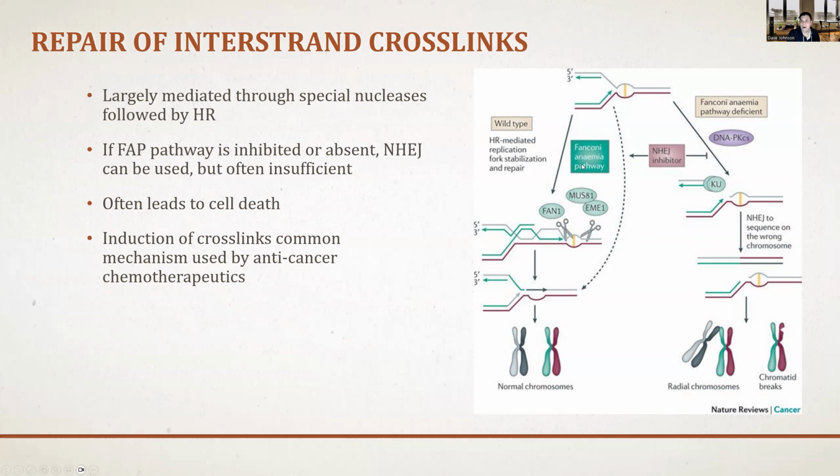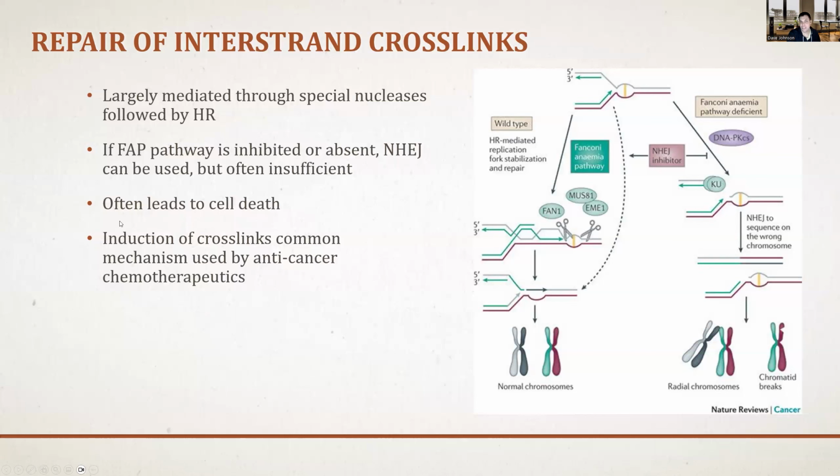If you don't have homologous recombination available, there's something called the Fanconi anemia pathway, the FA pathway. If that's not available, then you can use non-homologous end joining. The problem here is that non-homologous end joining isn't a very good process for doing this, and this can lead to cell death.